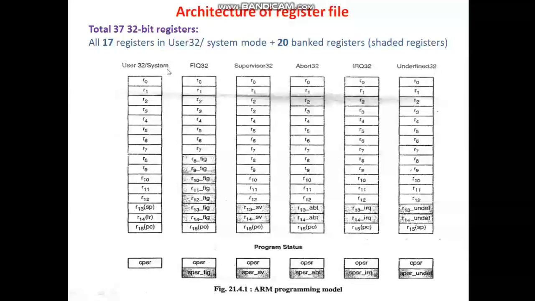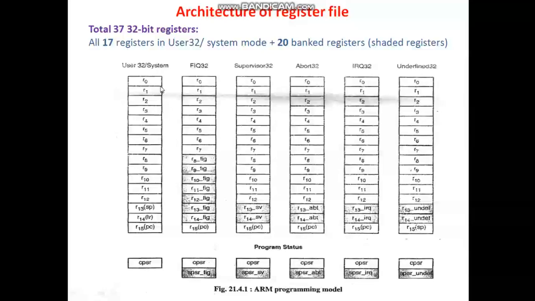In a given operating mode, these are the registers which are visible to the programmer. So that means here you can see that only these registers will be visible in this mode, only these registers will be visible in this mode, and so on. Let us consider one particular mode, for example user 32 or system mode.